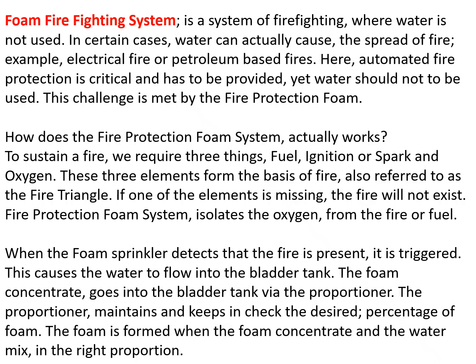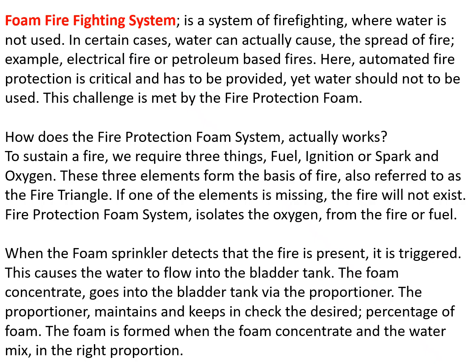When the foam sprinkler detects that there is a fire present, it is triggered. This causes the water to flow into the bladder tank. The foam concentrate goes into the bladder tank via the proportioner. The proportioner maintains and keeps in check the desired percentage of foam.